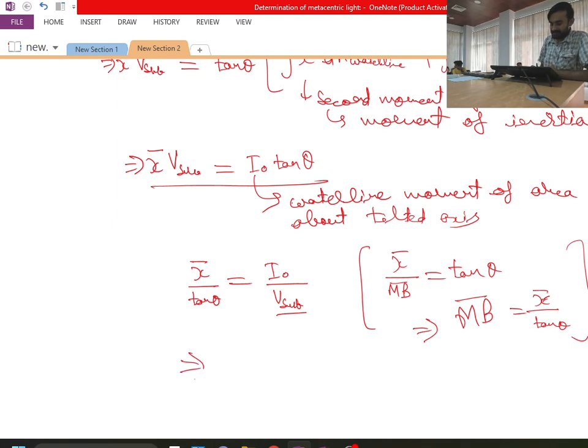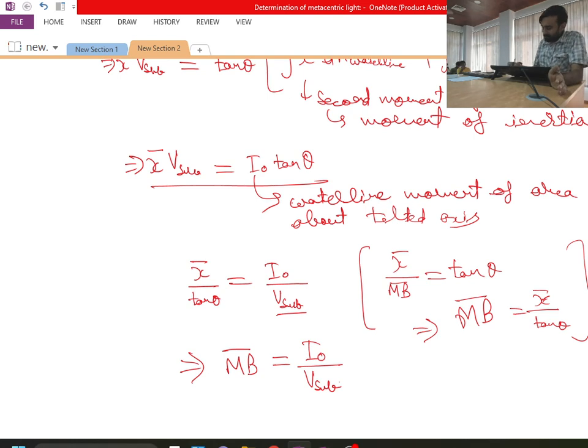So from here I can say that my distance between center of buoyancy, original center of buoyancy, when situation is symmetric, that distance is nothing but equal to I naught by V submerged. Is this point clear?